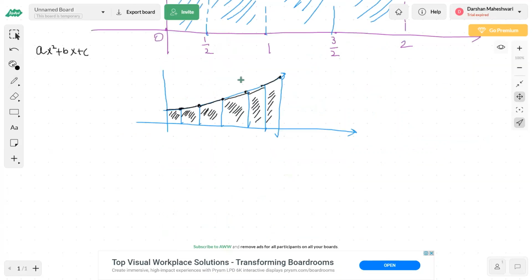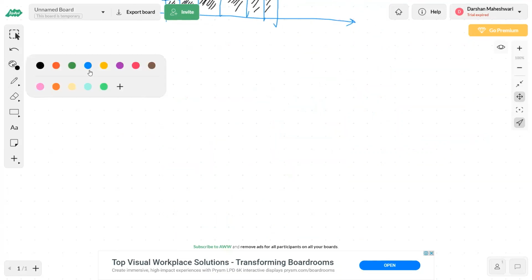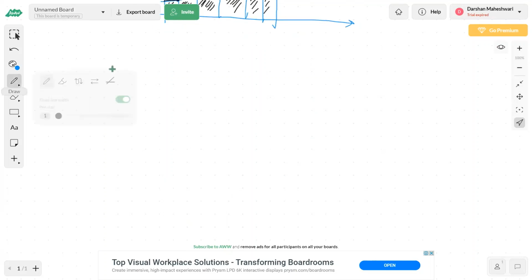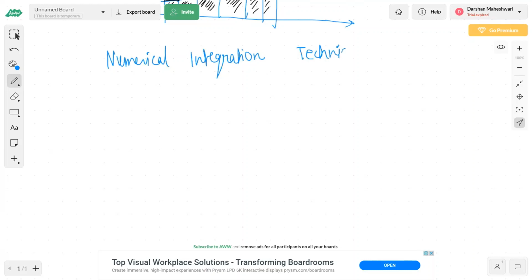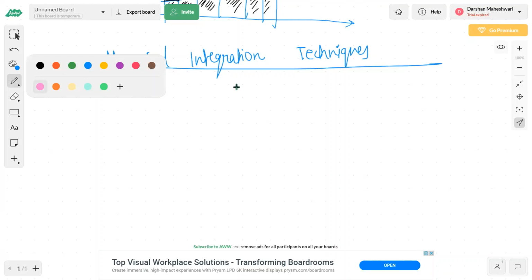So just to sum it up, what we read in this lecture is numerical integration techniques. We read 5 ways to approximate.